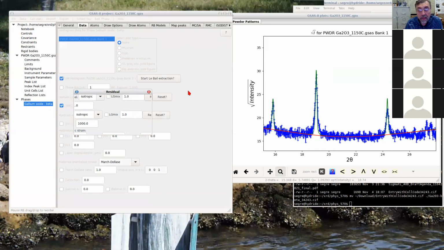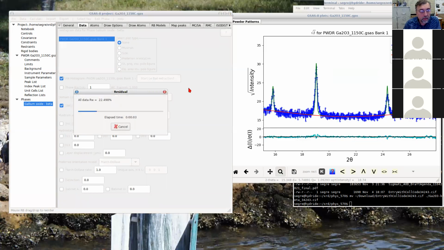And this data I actually haven't refined before, so I have no idea how well it should work. And I may have to try it several times before I get what I think is a good solution. So that's improving things a little bit.